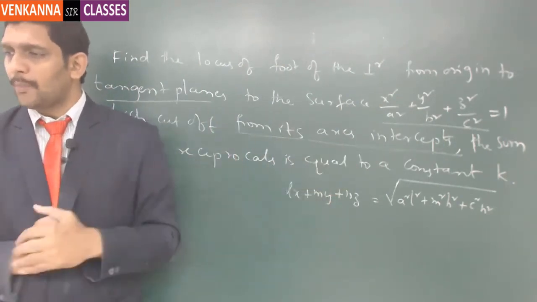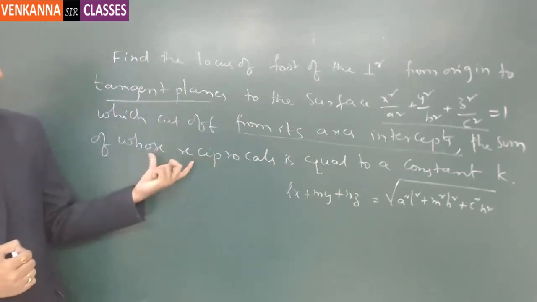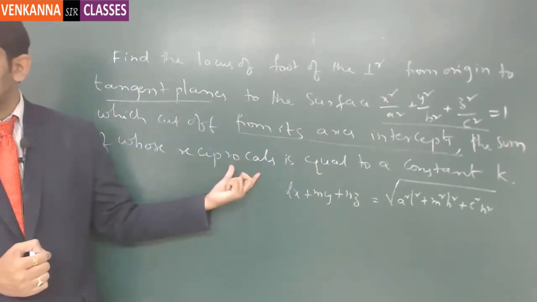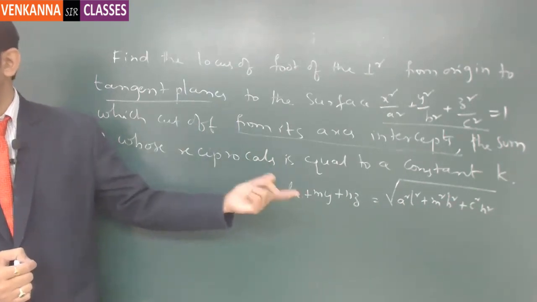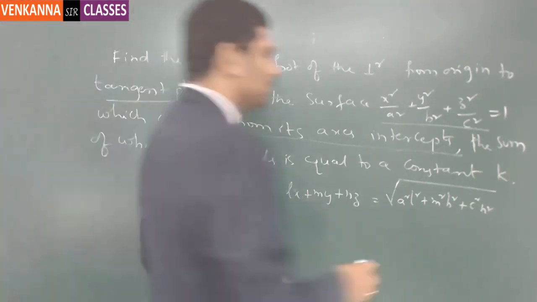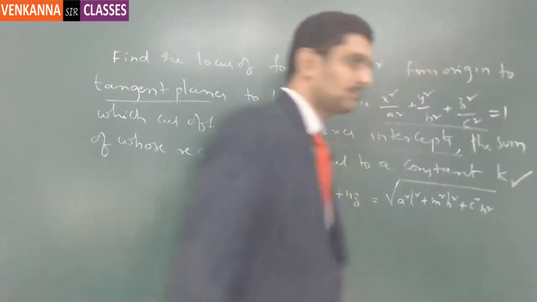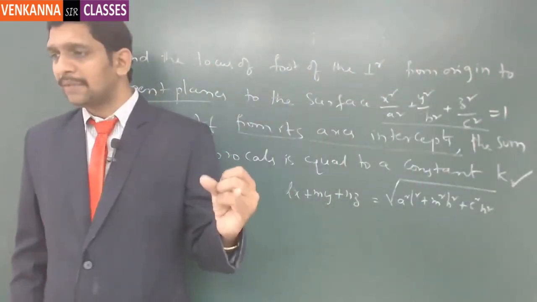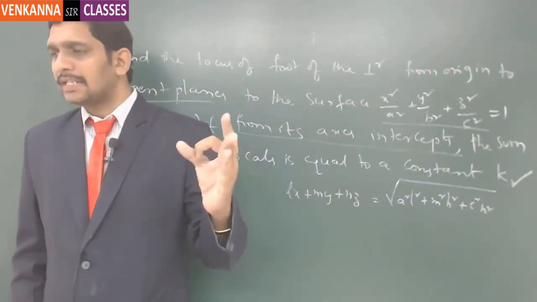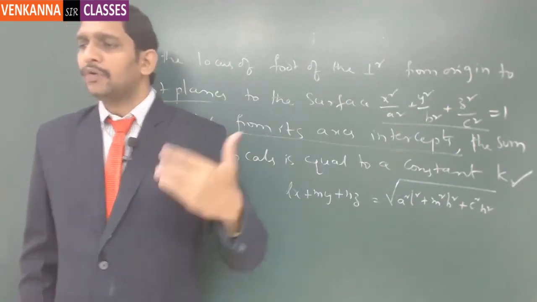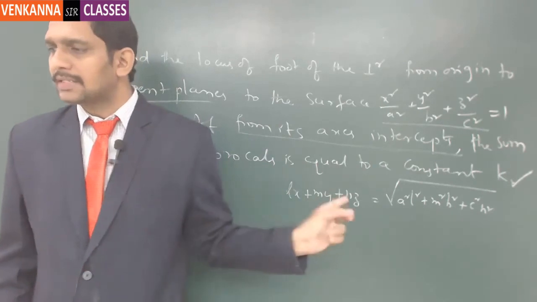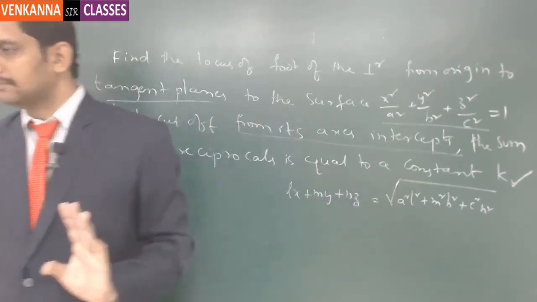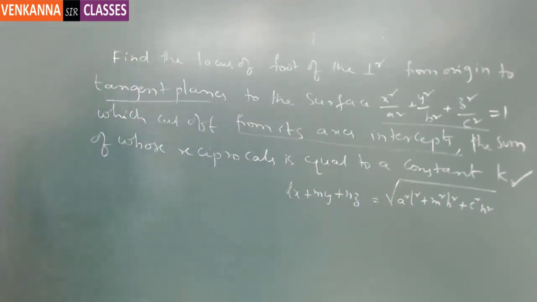And one more property is that the sum of the reciprocals of the intercepts is equal to a constant k. So you have the x-intercept, y-intercept and z-intercept. You take the reciprocal of them and consider their sum. The sum is equal to the number k. Clear? That is the whole idea which is given there.